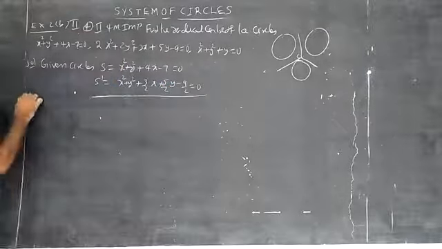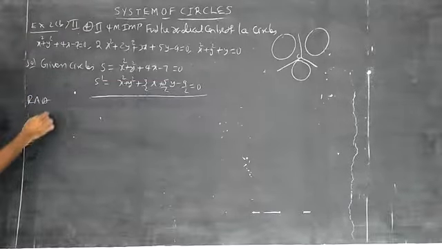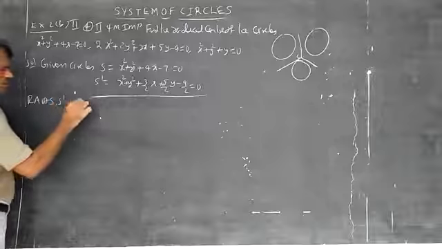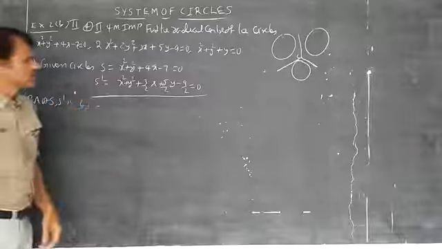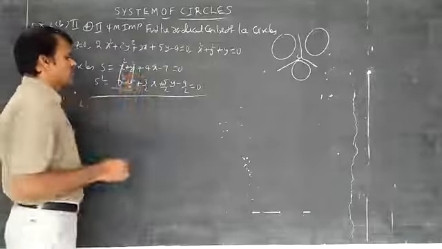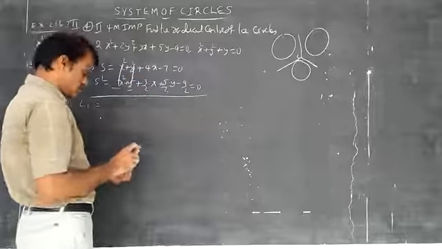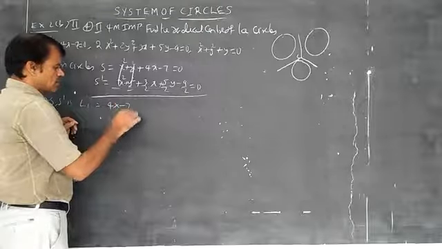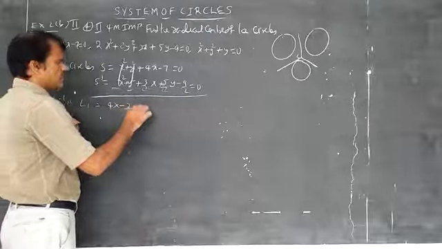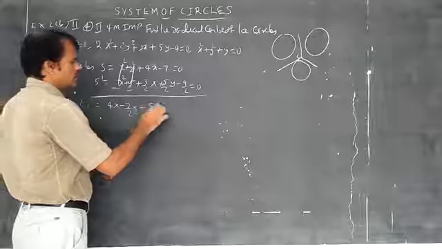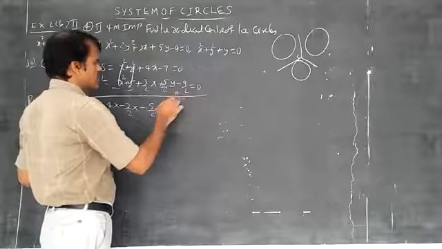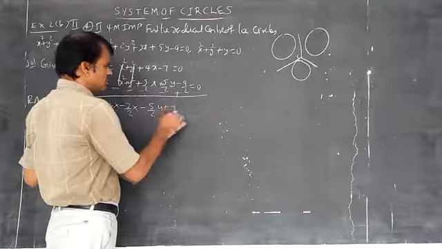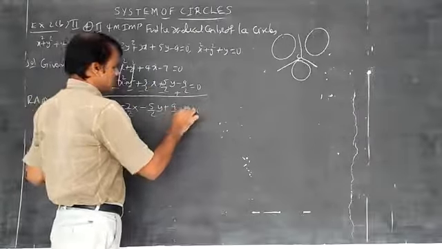Here you write RA. RA means radical axis. RA of S comma S dash is S minus S dash: 4x minus 3 by 2x, directly you can write minus 5 by 2y, this becomes plus 9 by 2 minus 7 equal to 0.